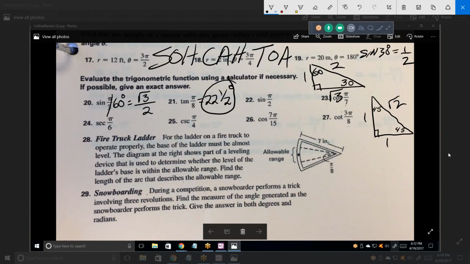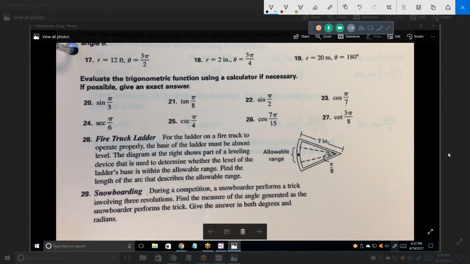Degree. Okay, type in tan and then put 22.5 inside the parentheses. That's 0.41. That's your answer. I could only get it with the calculator because it wasn't one of my common angles. In other words, it wasn't 30, 45, or 60.